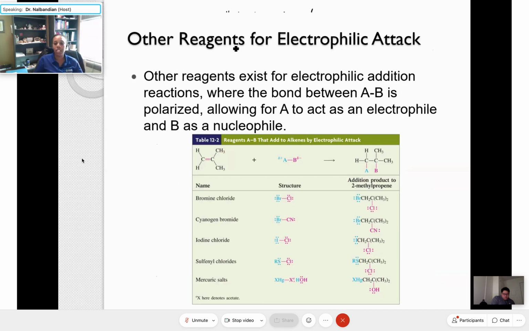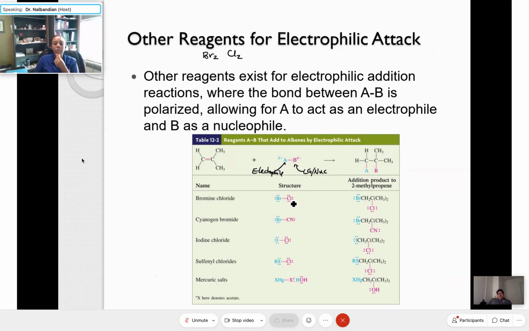All right, so we've seen this reaction with bromine, with chlorine. We have other reagents where we can add the two atoms also. So here, A is always your electrophile, and then B is your leaving group that becomes your nucleophile later.